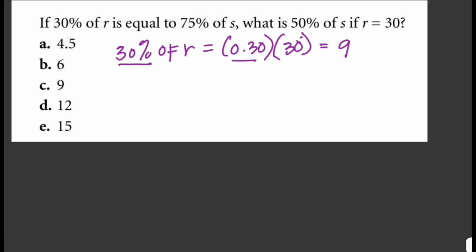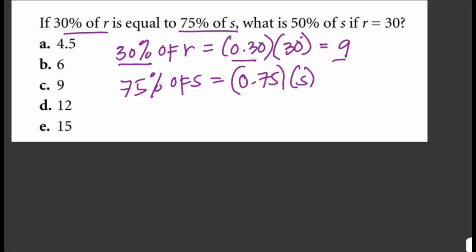And it says here that 30% of R is equal to 75% of S. So that means the value of 9 here is just equal to 75% of S. So 75% of S, which can be written as 0.75 times S, is also equal to 9.